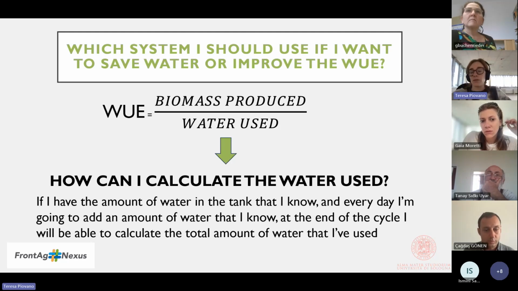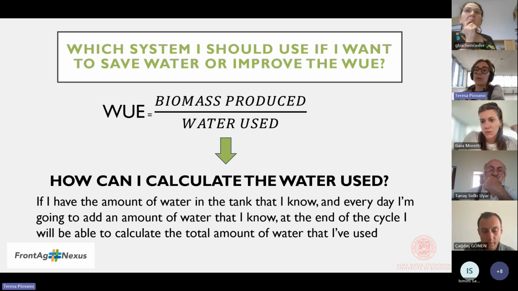So, for example, if my system has a water tank of, I don't know, 200 liters, I know that at the beginning of my experiment I'm going to fill my tank with 200 liters, and once a week I will add a specific and determined amount of water.